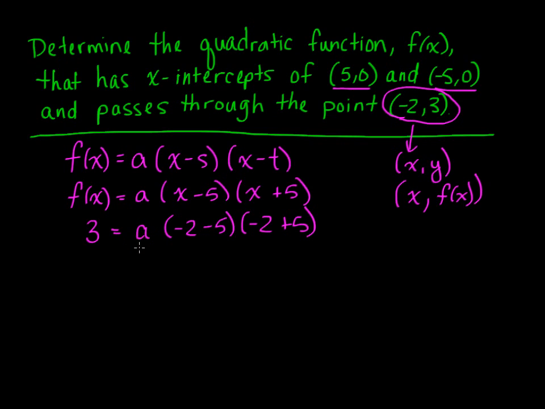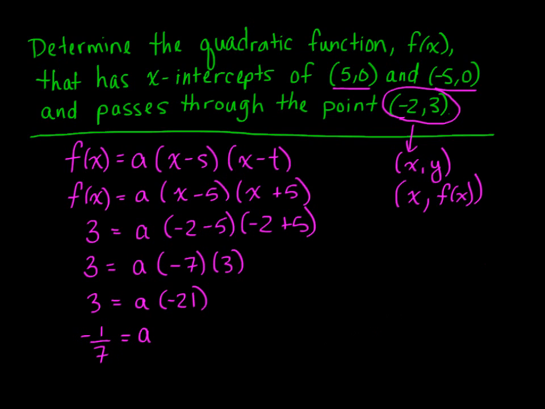This is the last piece of information that we need in order to put together the full quadratic function for this given information. So let's simplify and solve for a. So here we get negative 7 times positive 3, which is negative 21. And if we divide both sides of the equation by negative 21, we get that a is negative 1 over 7.